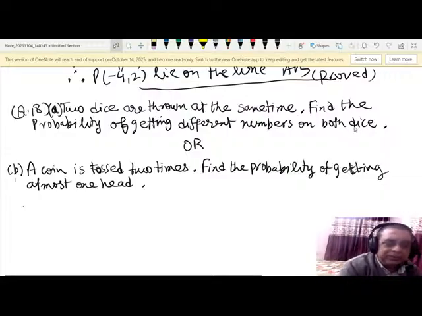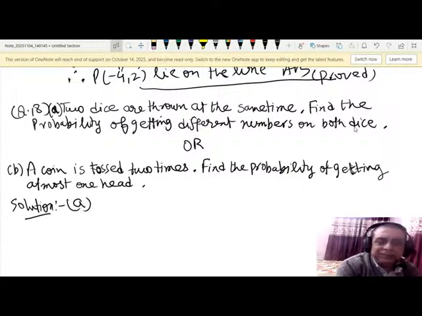Now first I am doing the above question, that is the question on the top, that is A. Two dice are thrown at the same time. Find the probability of getting different numbers on both the dice. So let S be the total sample space.